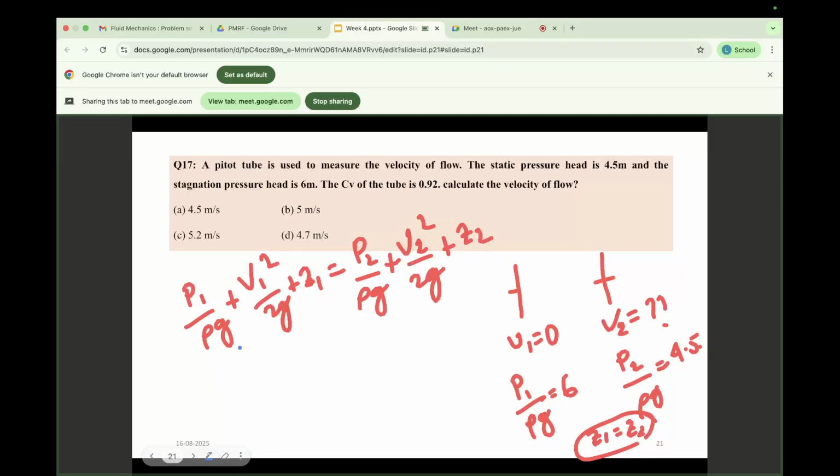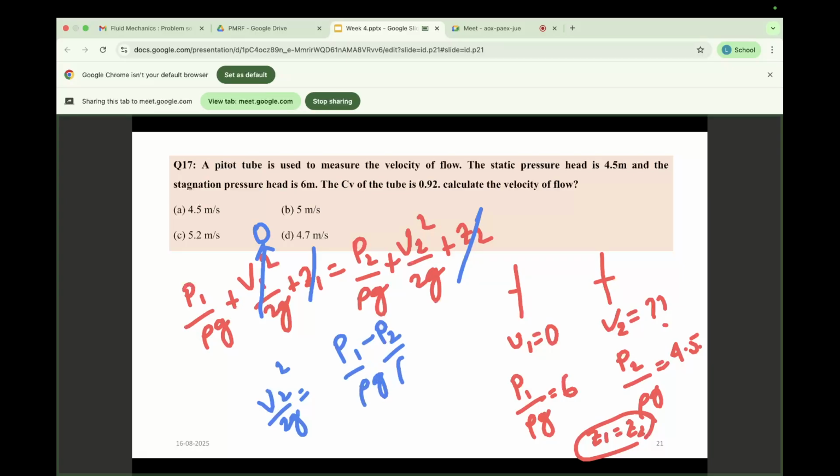So I can write this V1 is 0 and these two will cancel out. So I can write V2 square by 2g equal to P1 minus P2 by rho g.